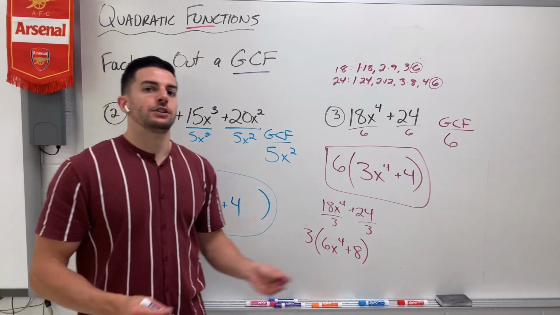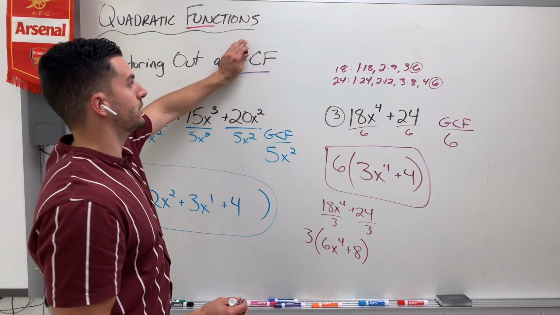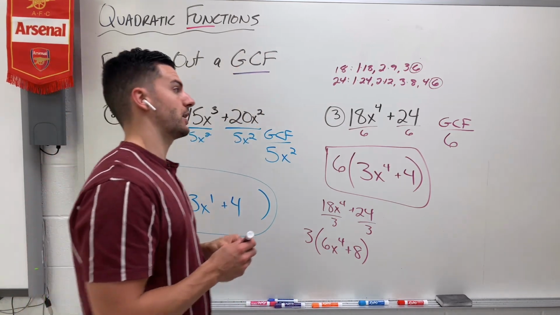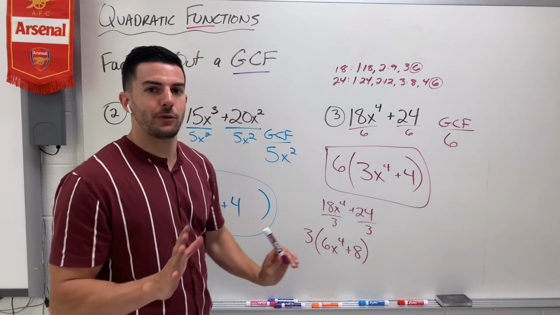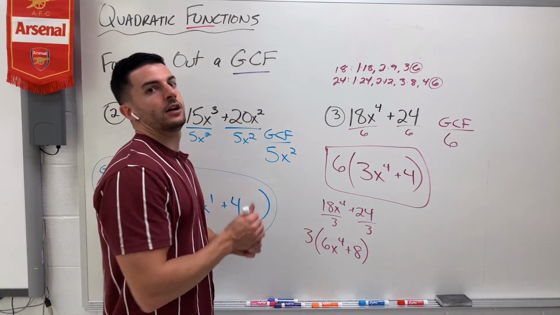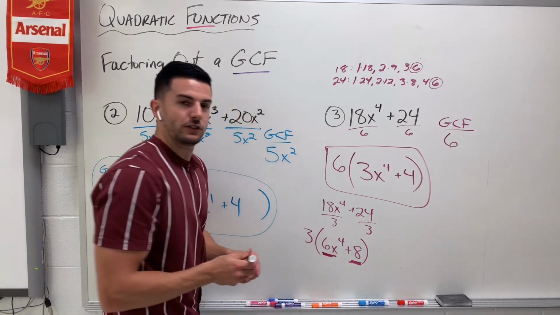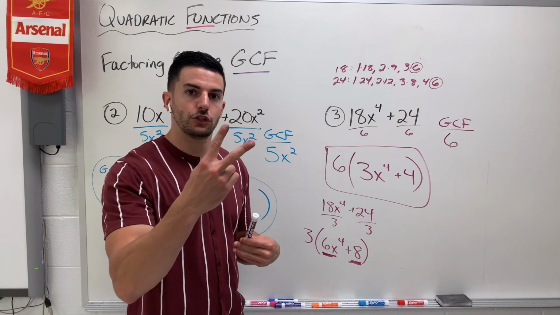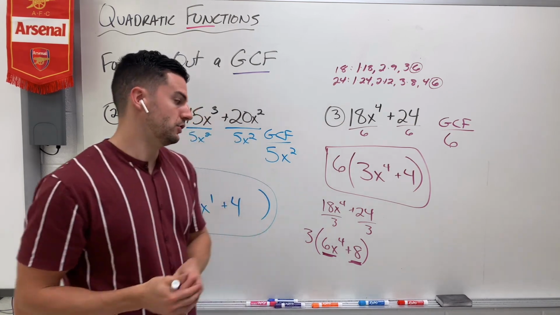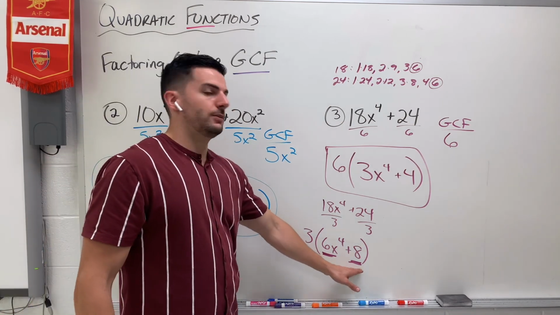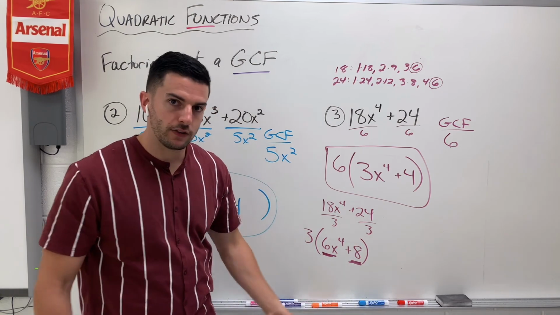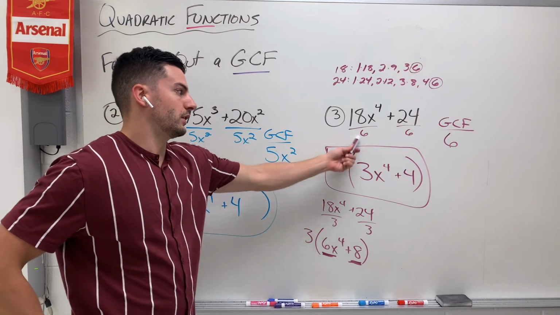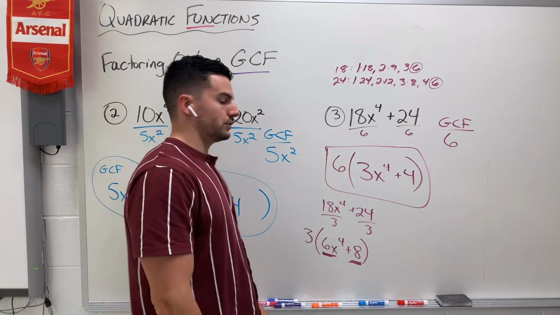If you said that, you factored out a common factor, but you did not factor out the greatest common factor. So it's your job to find the greatest or the highest one. And how do I know this 3 is not the GCF? Because you see both of these numbers are still even, and all even numbers have a common factor of 2. All even numbers can be divided by 2. So that tells me there was a higher number that you could have picked. So you would have to start over again and do it with 6. So something to look for there.